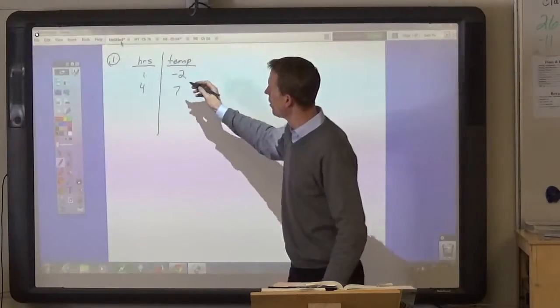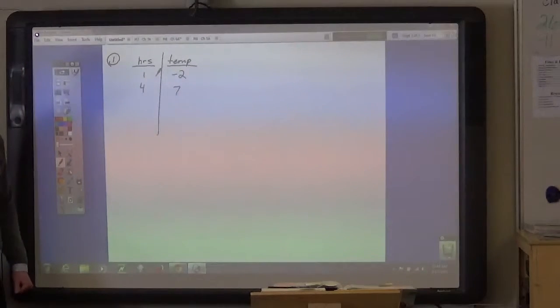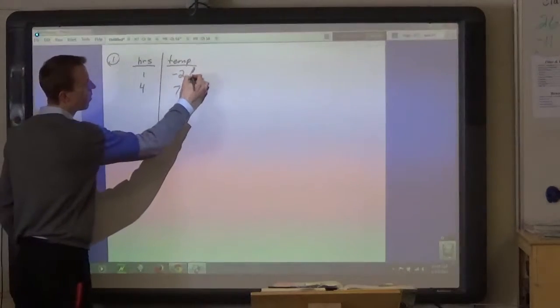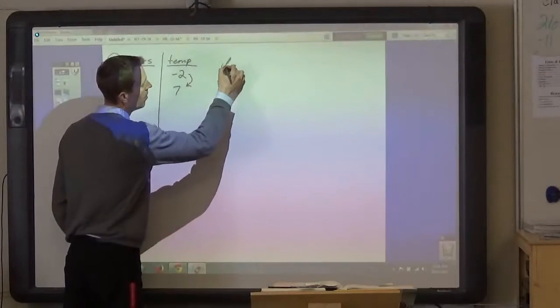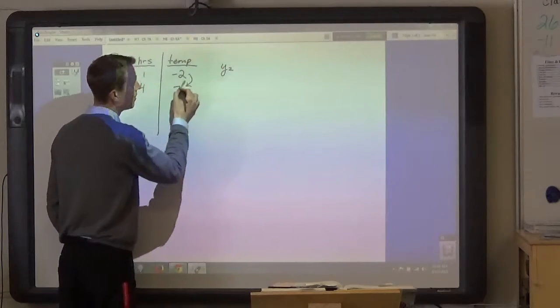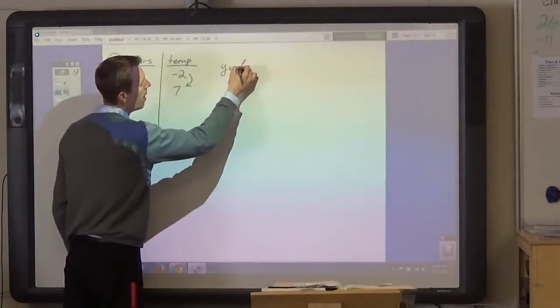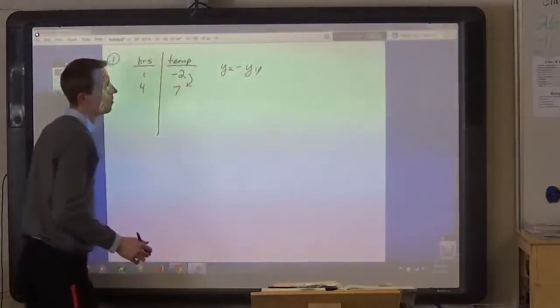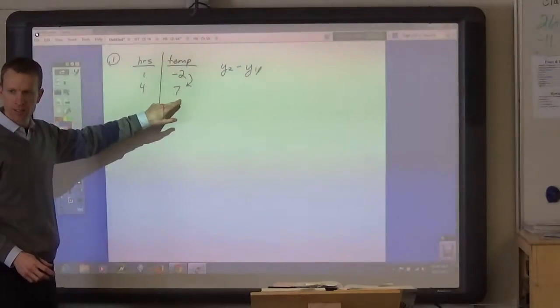So, if we think of these as 2 points on the line, these are the y coordinates, and we would want to subtract those. y2, the second y coordinate, minus y1. So, negative 2 minus 7.